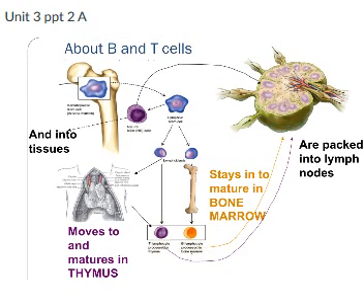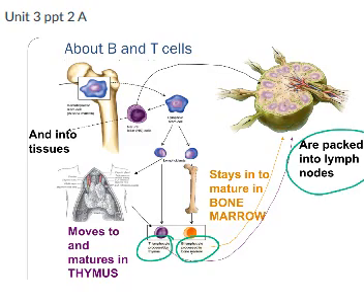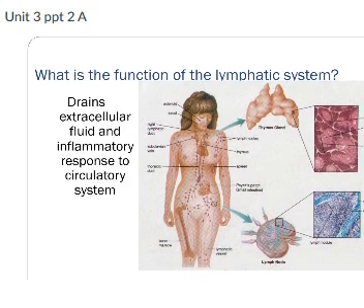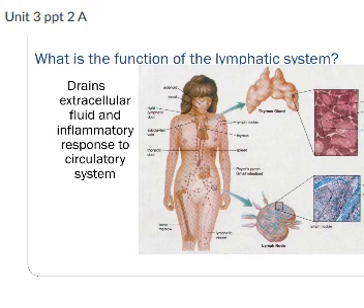I've already mentioned this. The T cells are originating and processed in the thymus, whereas the B cells are in the bone marrow. These are found tightly packed into our lymph nodes, which help protect us. The lymphatic system is traditionally taught together with the immune system. I'm not going to go into detail with it, but I will mention that this works in response to when there's inflammation in the body and with the circulatory system, which carries the blood.